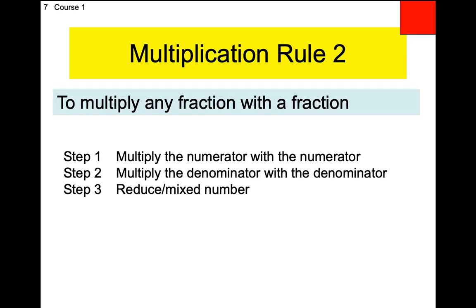Technically, it's the same rule as multiplying a whole number times a fraction. If you write the whole number as a fraction, well, then this rule applies to it as well. But I do want to point out that you're not required to write a whole number as a fraction. You can simply multiply the whole number times the numerator. But if you'd like to, well, then now there's one rule for all fractions except for mixed numbers.